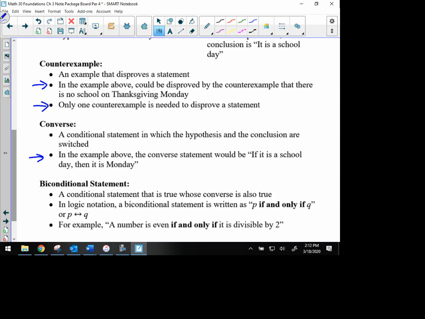And you notice the hypothesis and conclusion have now switched around. That statement makes even less sense than the first one because we can find 4 counterexamples: Tuesday, Wednesday, Thursday, Friday. But that's the way that a converse works. It's the conditional statement, the original statement, where the hypothesis and conclusion are switched.